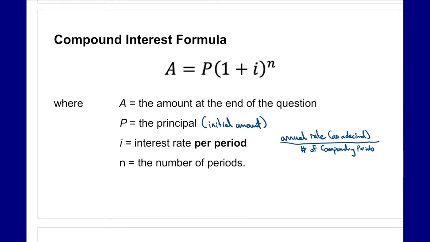N is the number of periods in total. So in this case, we are taking the number of years and multiplying it by the number of compound periods. So we do have to do 2 small calculations before we can actually enter anything into this compound interest formula.